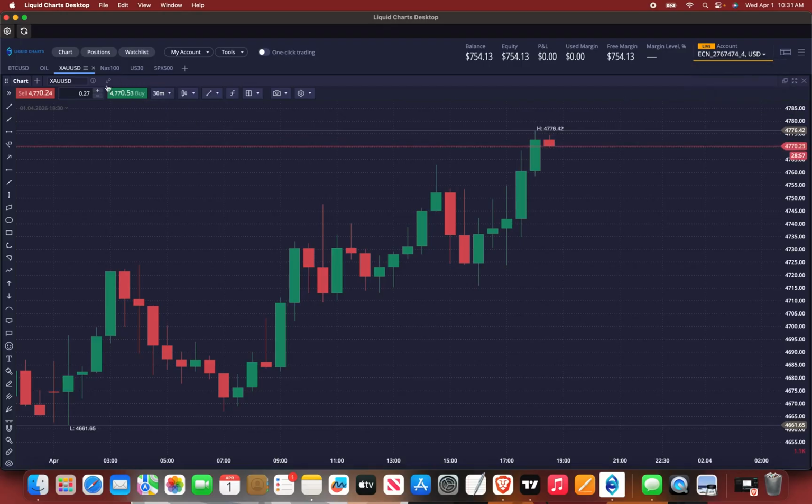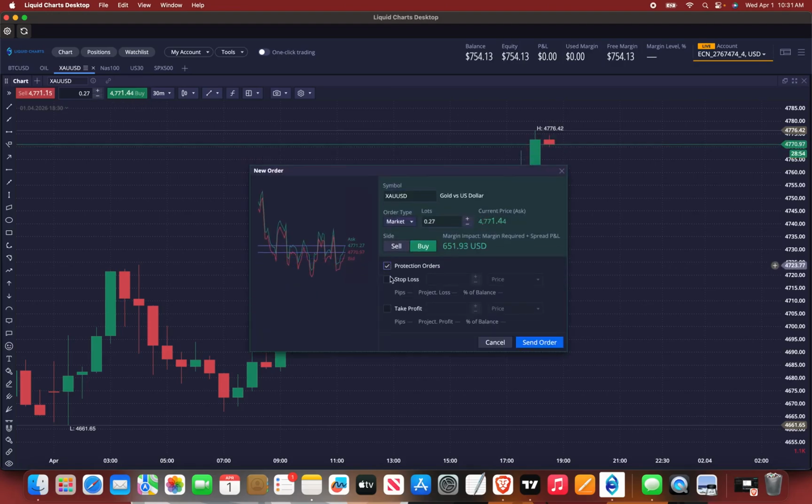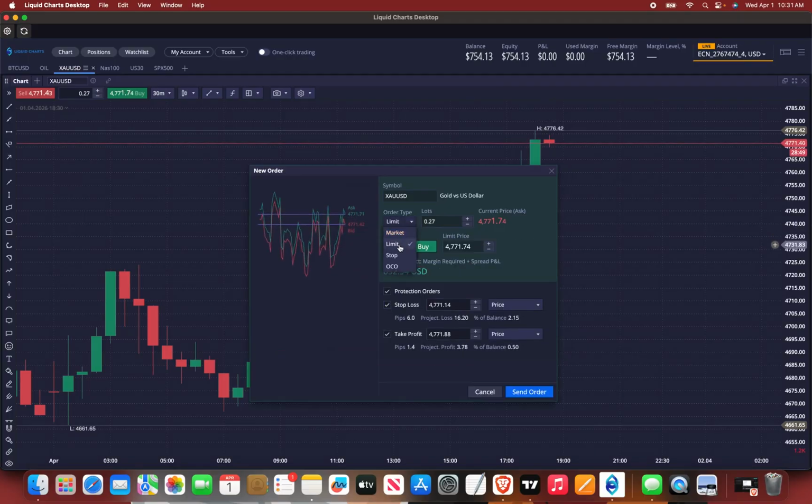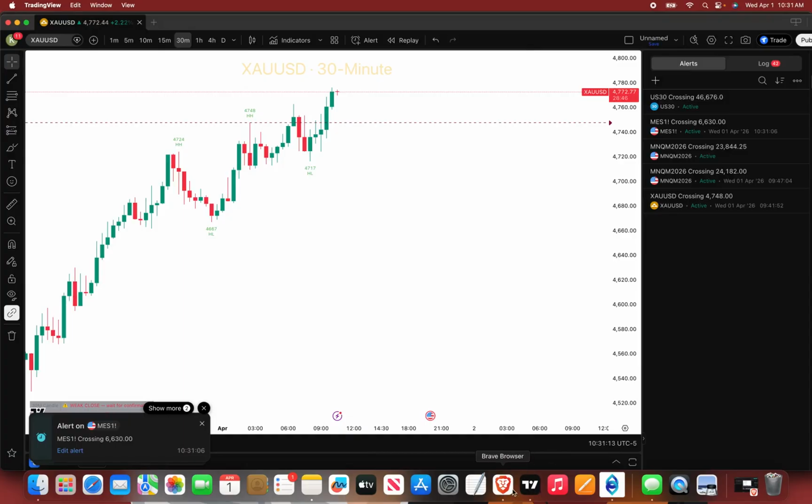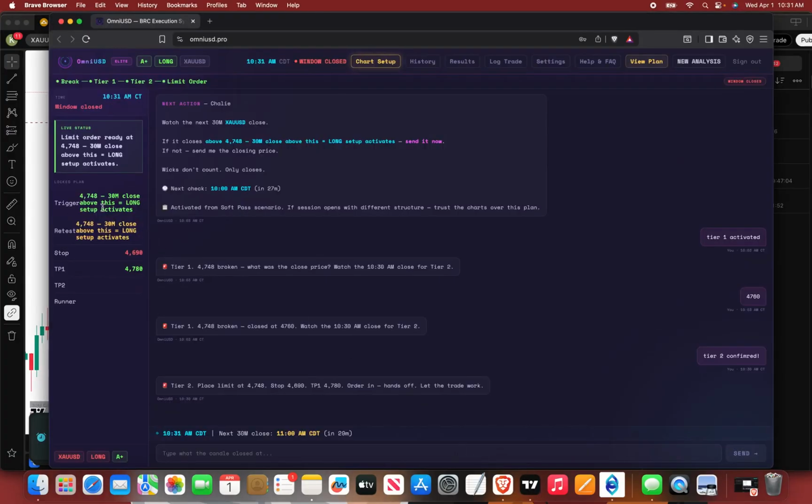Gold should be a buy. Stop loss should always be a limit. So now we go back to here and see what was the limit. Gold was 47.48.